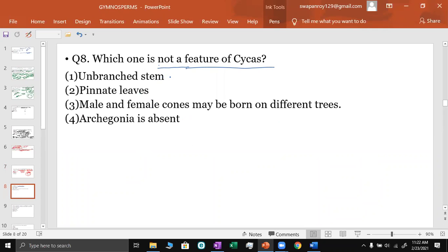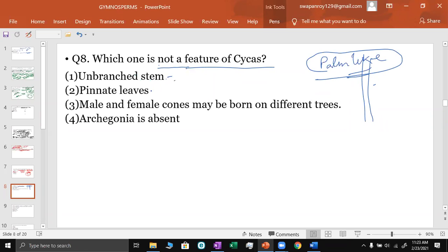Unbranched stem: this is a character of cycas, because the stem is unbranched. Cycas is a slow growing palm-like tree, so they don't have a branched stem.